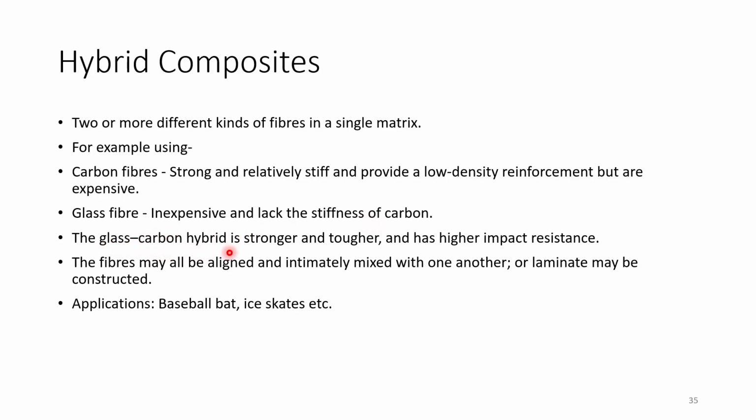The glass carbon hybrid is stronger and tougher, and it has higher impact resistance. The fibers may all be aligned and intimately mixed with one another, or laminae may be constructed. Some of the applications include baseball bats, ice skates, etc.